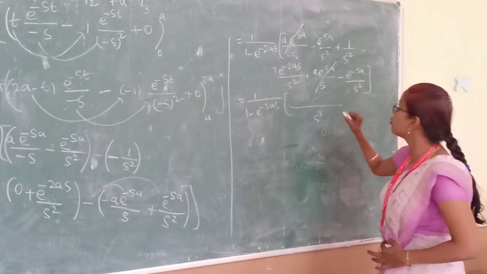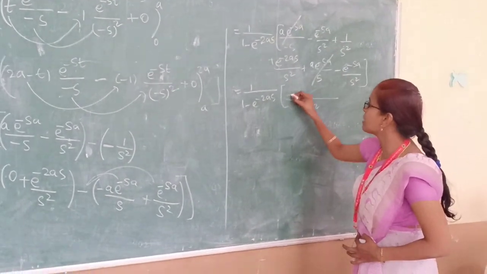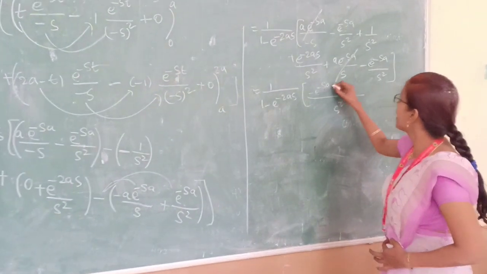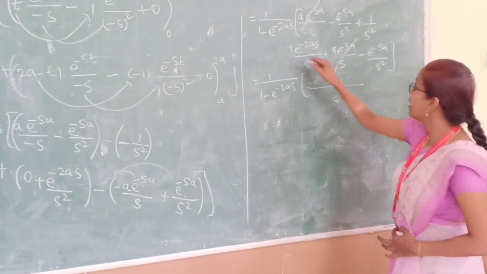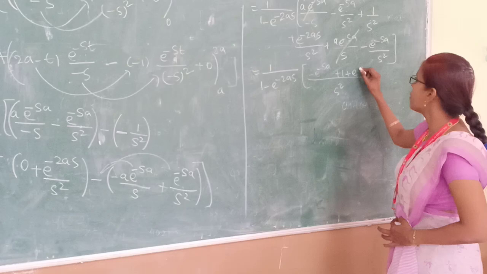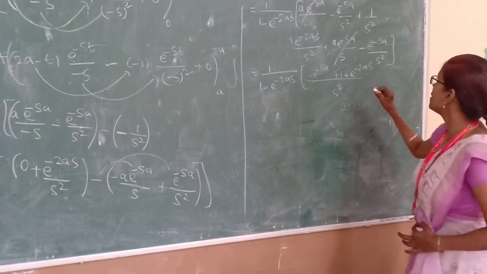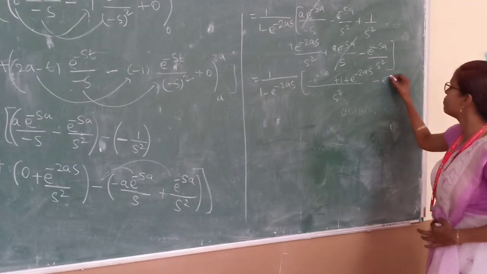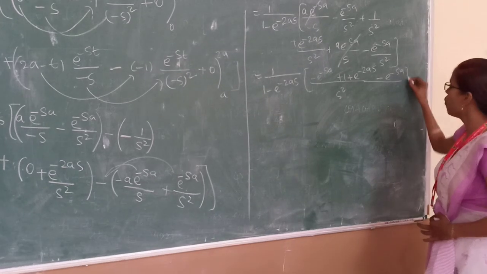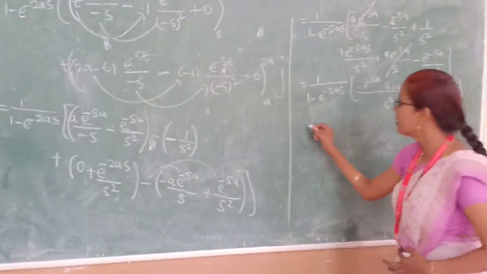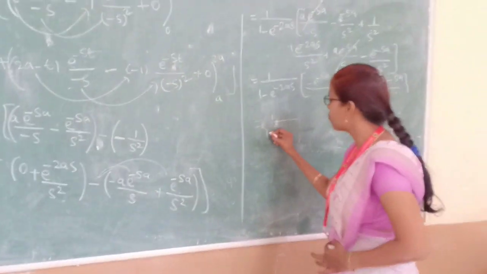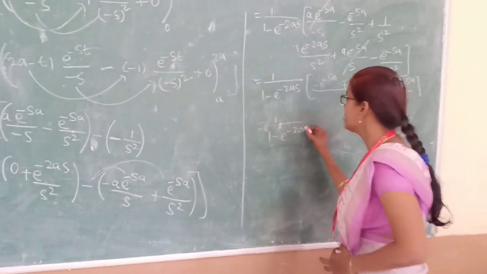Now we combine the numerator: minus e power minus sa, plus 1, plus e power minus 2as, and minus e power minus sa, then whole divided by s square. That should be equal to 1 by 1 minus e power minus 2as.